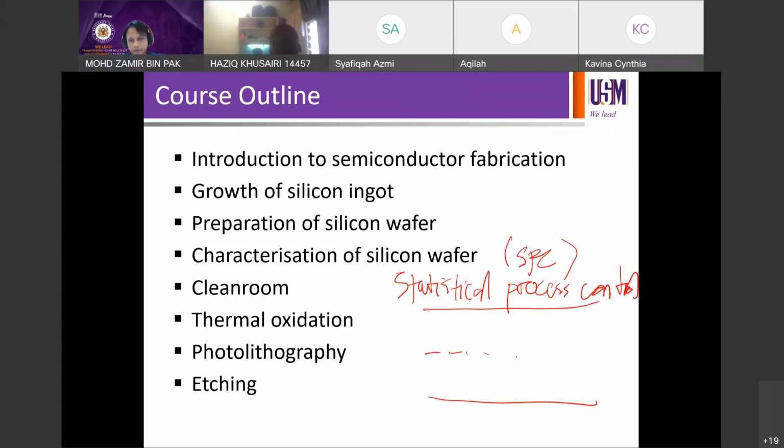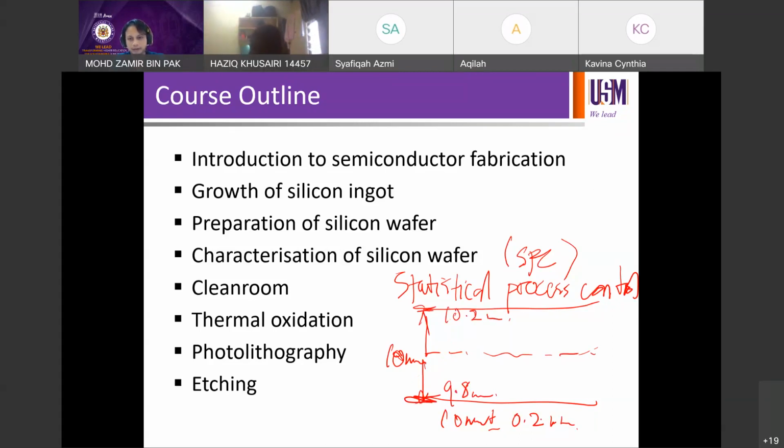So for example, if you want your line width to be 10 nanometer printed, you're going to have a plus minus of acceptable variation. For example, if 10 nanometer plus minus 0.2 perhaps, that means if you characterize your line width, it can only fall within 9.8 nanometer kat bawah ni, and 10.2 up there.